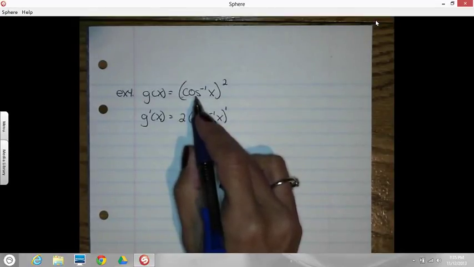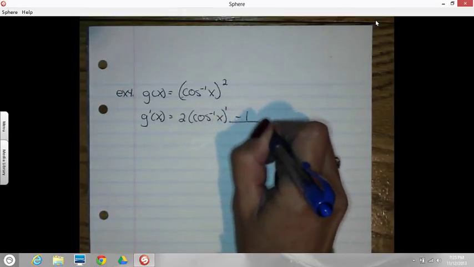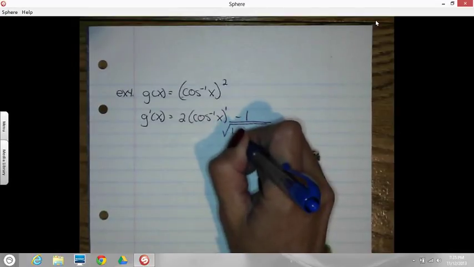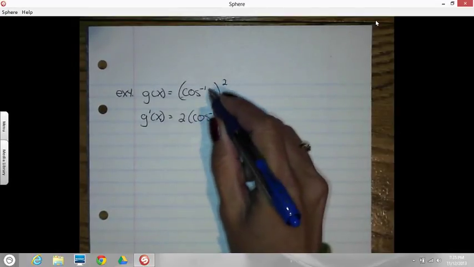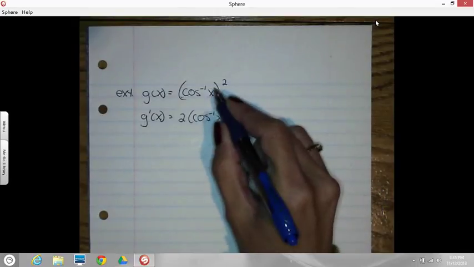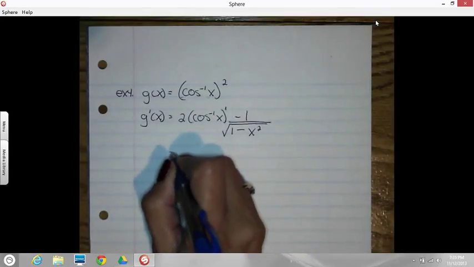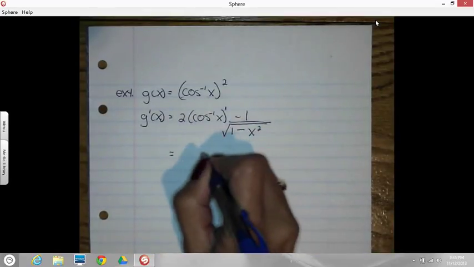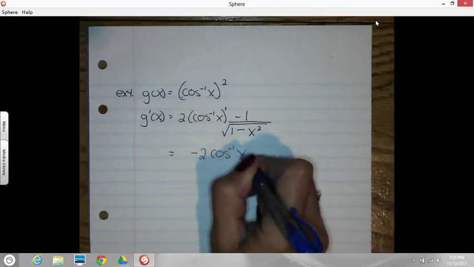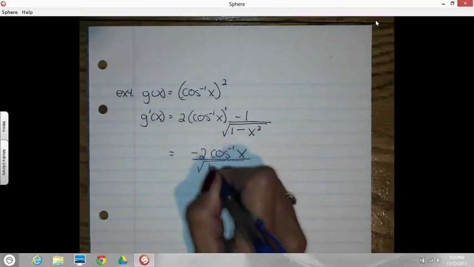Looking on my sheet, that derivative is a negative 1 over square root of 1 minus the u, which is just an x, squared, times the derivative of x, which is just 1. So here, not much to simplify here. The negative comes to the front. So negative 2 inverse cosine of x all over the square root of 1 minus x squared.